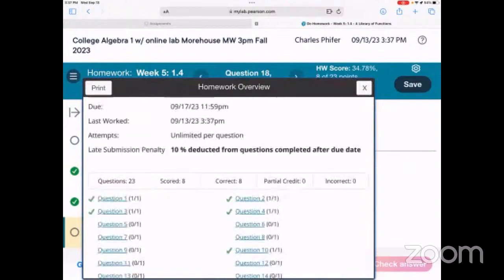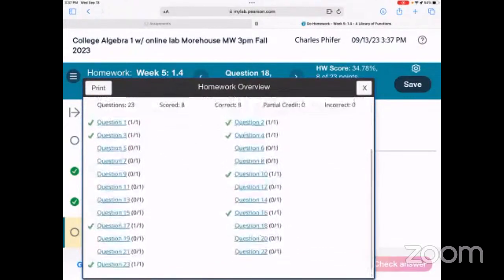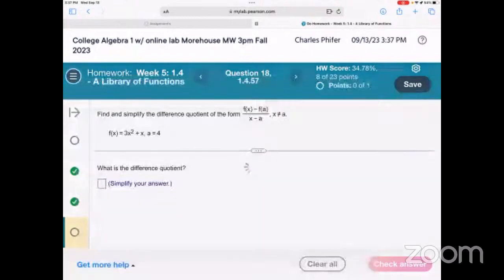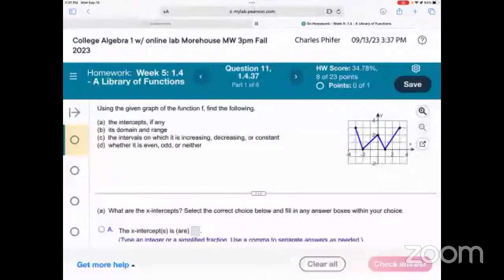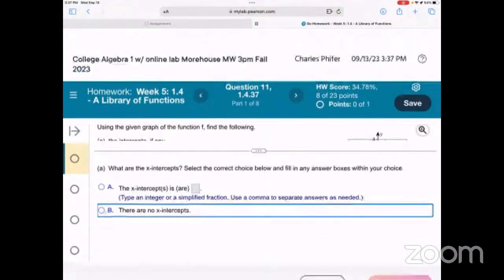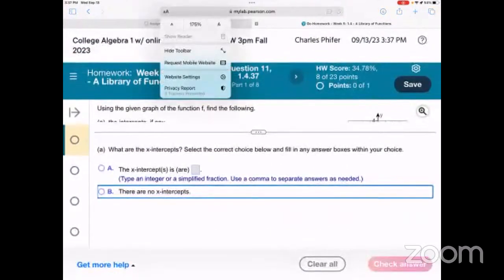Use a given graph of the function to find the following. The intercepts. Okay, x-intercept, it looks like it's negative 2 and 1. I think I need to zoom out some. Right here, we said negative 2, 1.